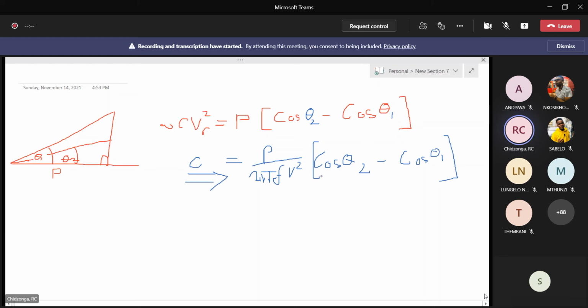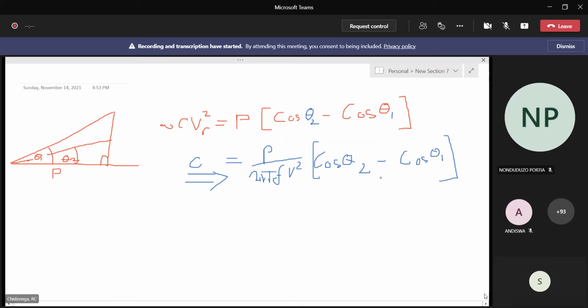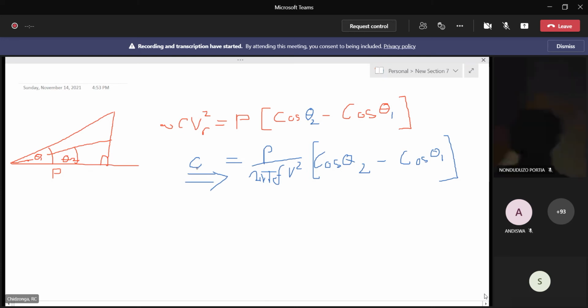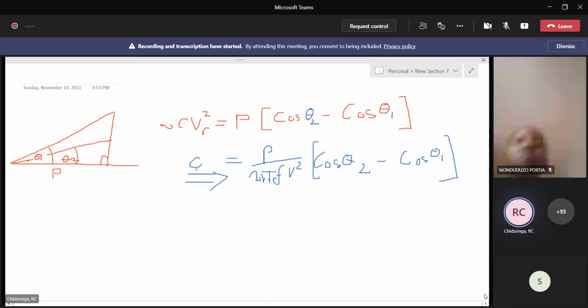Or maybe give you another parameter, because if it's one equation, you can make one of these variables unknown, and then you'll have to work backwards to find the unknown. So it's not always that you are going to find C. The question can be twisted in such a way that you have to find P, or theta 1, theta 2, or whatever the case may be. But this is the principle that you are going to stay with.